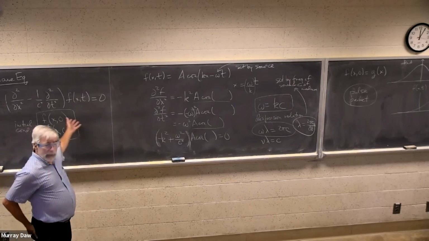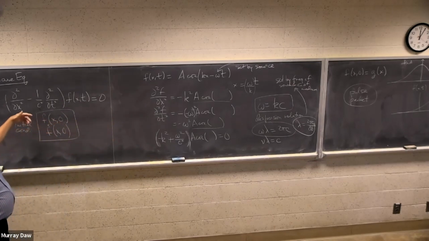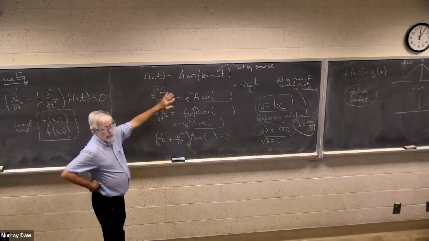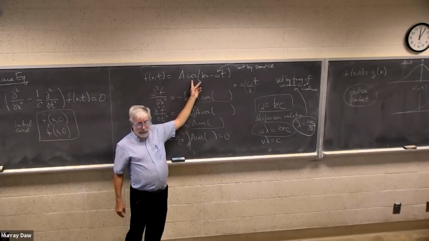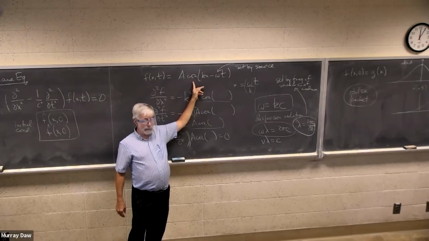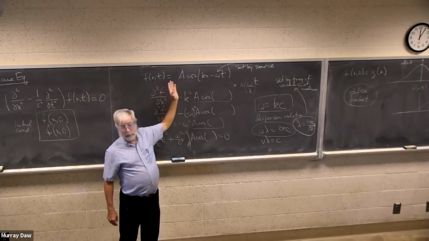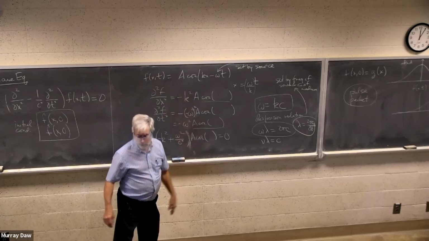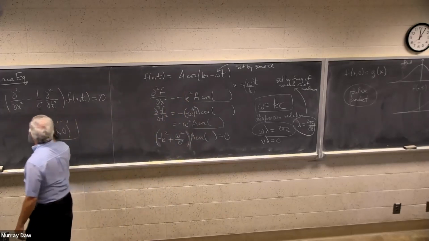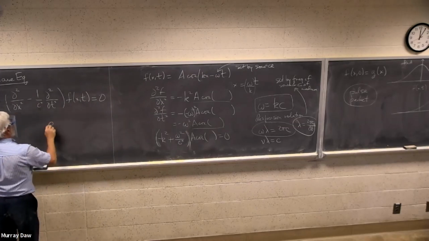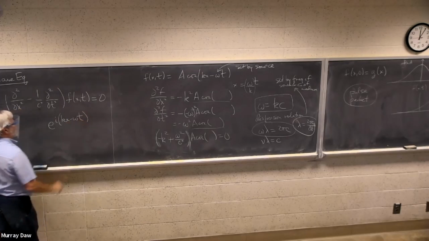So you're going to do a few exercises with this for homework for Monday. You're going to superimpose solutions, and see if there's a left traveling wave. What if I use sine here, S-I-N? Is that a solution? You'll find out it is. How about a complex exponential, e to the i(kx minus omega t)?